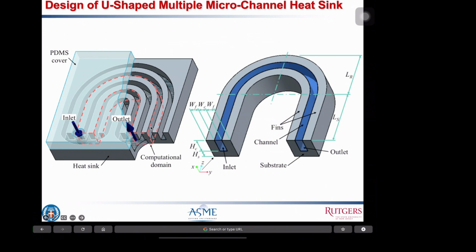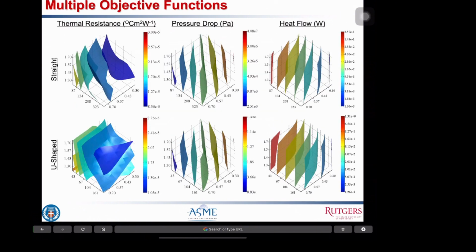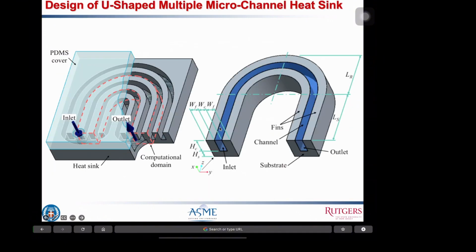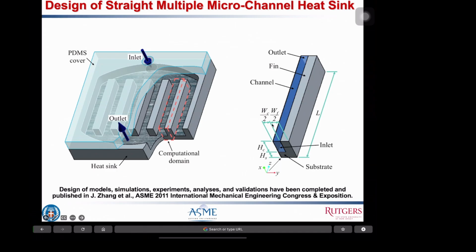Okay, and we modeled different functions. This was thermal resistance, pressure drop, heat flow, basically power for cooling. Straight channel, U-shaped channel. The variables are basically the parameters, I think H and W. So different numbers of H and W, basically the aspect ratio of the channel.